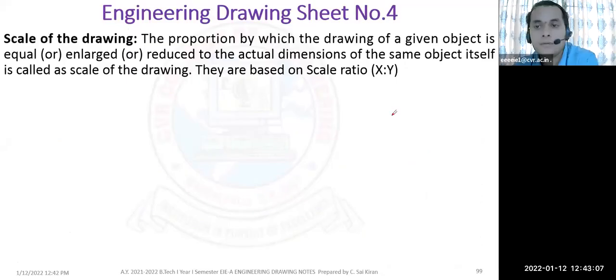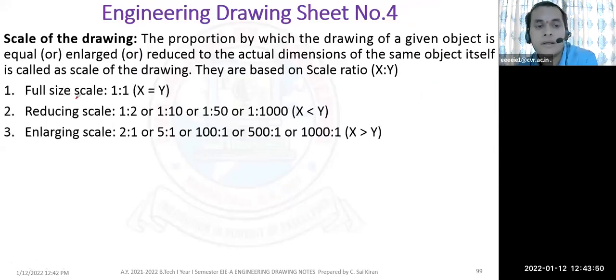Already I told that scale is 1:1. This 1:1 is when you draw on the drawing sheet by actual dimension. Example, suppose your building is 10 meters and you are drawing it. If you are reducing the size, then based on the numerator and denominator of the scale ratio, you will be making it.